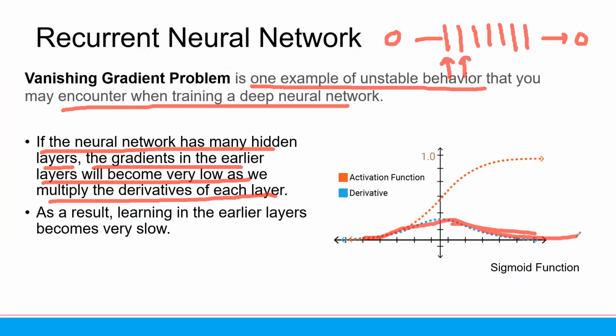That's why last time we learned about activation functions. We can use the sigmoid function, which can give you a higher value, so the gradient from each layer will keep stable.